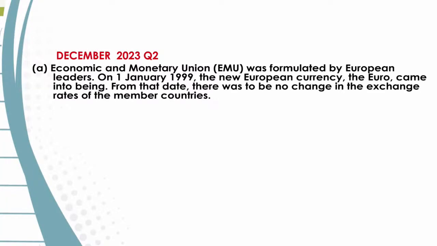Part A reads, Economic and Monetary Union was formulated by European leaders. On 1st January 1999, the new European currency, the euro, came into being. From that date, there was to be no change in the exchange rates of the member countries.